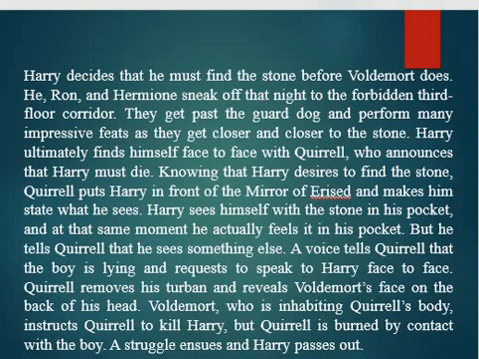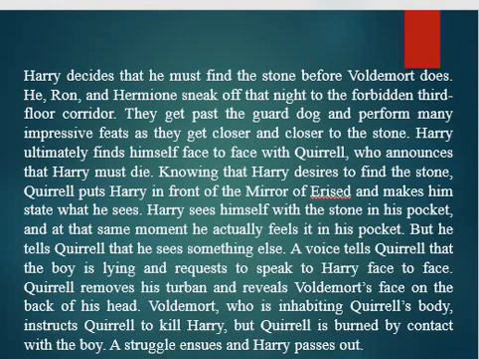Knowing that Harry desires to find the stone, Quirrell puts Harry in front of the Mirror of Erised and makes him state what he sees. Harry sees himself with the stone in his pocket, and at that same moment he actually feels it in his pocket. But he tells Quirrell that he sees something else.